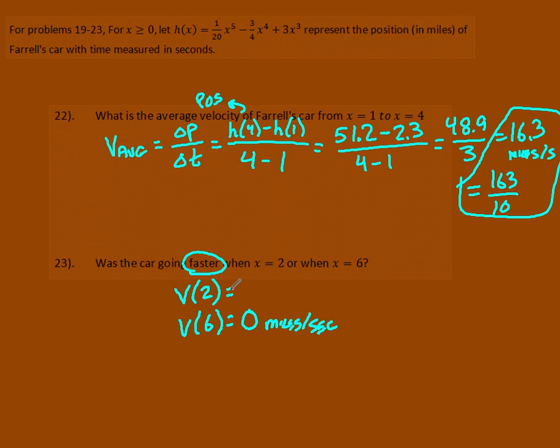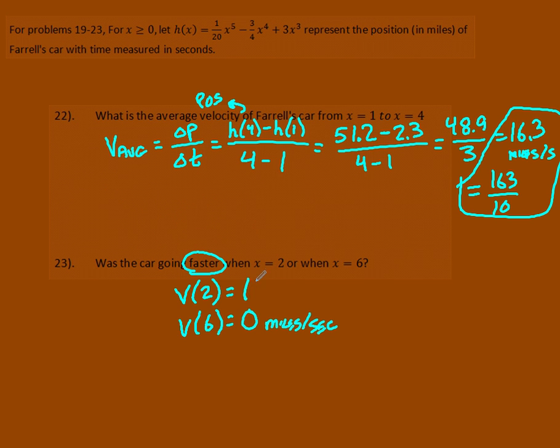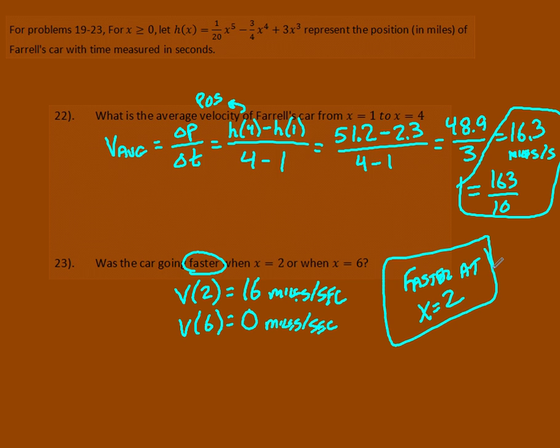To find v of 2, I just plug in 2 back into this velocity function we found in the last problem. And when I do that, I should pull up 16 miles per second. So what I should be saying here is that you were going faster at the time when x equaled 2. This is your answer. Make sure that that's what you have written down. Make sure you actually answer the question that is being asked.